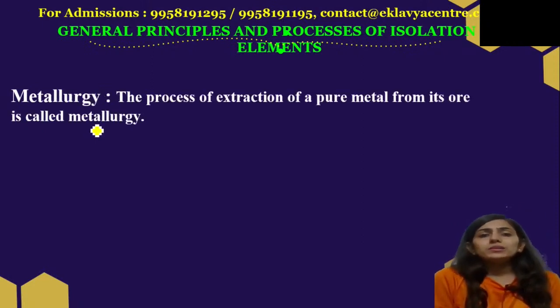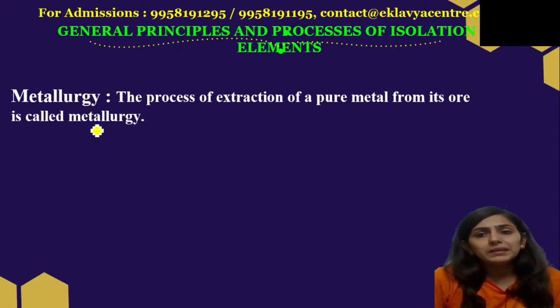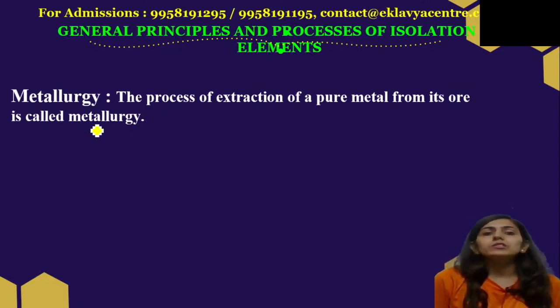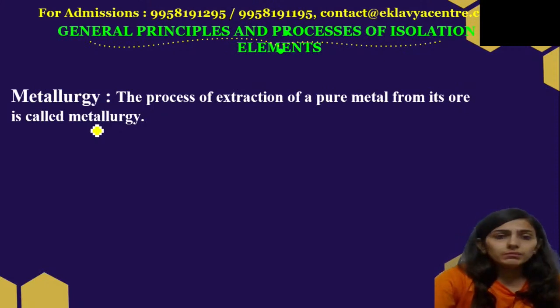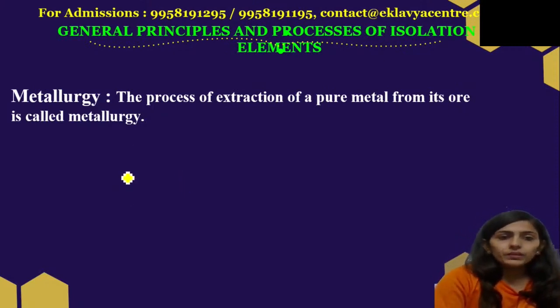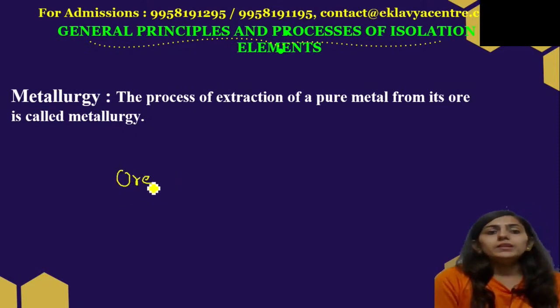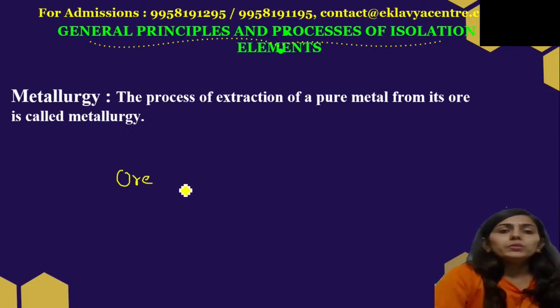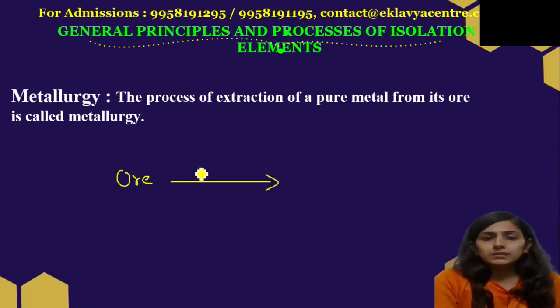Next, let's try to understand what metallurgy is. What is metallurgy? The process of extraction of a pure metal from its ore is called metallurgy. Suppose we have an ore, and from the ore we have to do the extraction process.